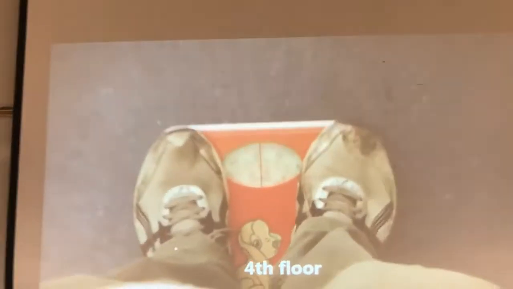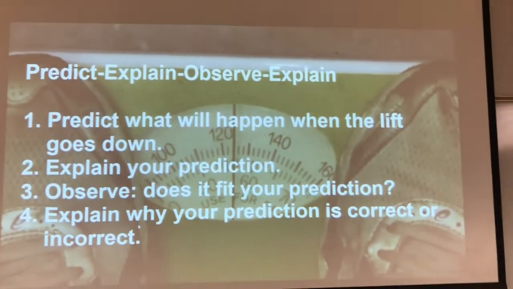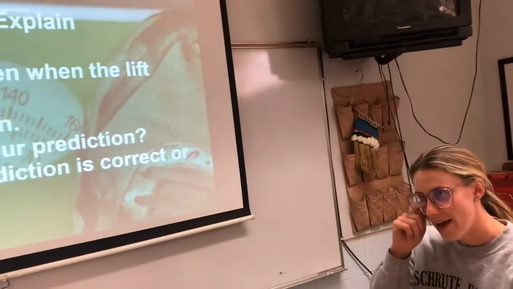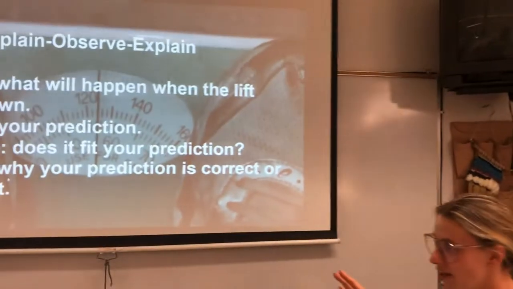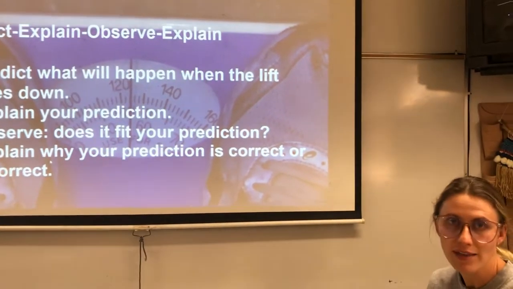Fourth floor. And back to 124. Those are some funky shoes you're wearing, child. Okay, so now he's going to go back down. And what is going to happen to the number on the scale when the elevator goes down, and then when it comes to a stop?